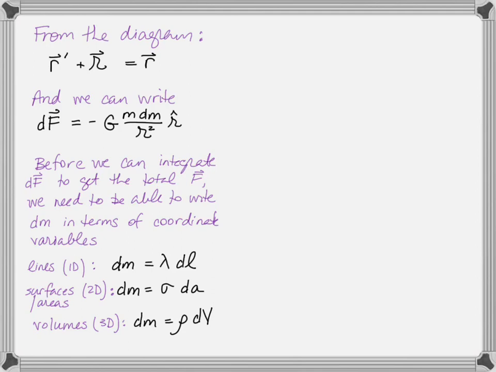Lambda may or may not be a constant. That's something you also have to know. You have to be able to plug that in before you can do the integral. We'll talk a lot more about that later. dm for surfaces or areas, so I use the two letters. S for surface gives me the Greek letter sigma there, so sigma dA, and then I often use an A for area. And then if you have a 3D shape or a volume, dm equals rho dv.